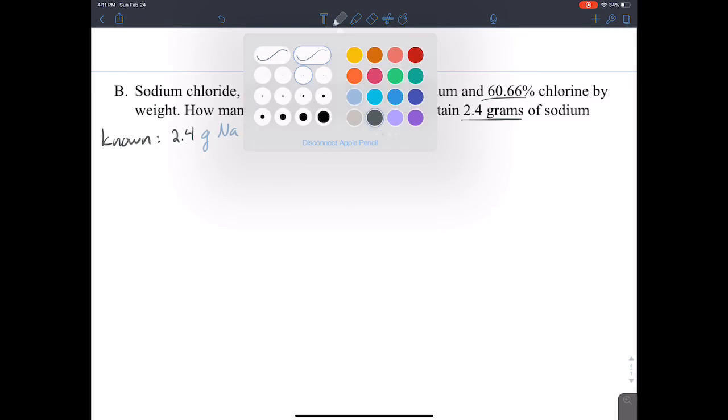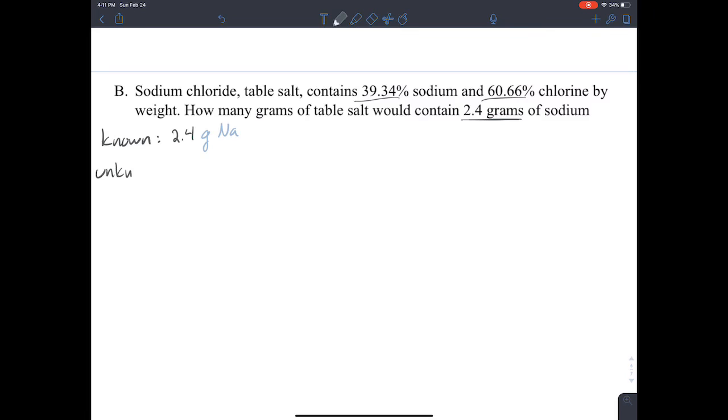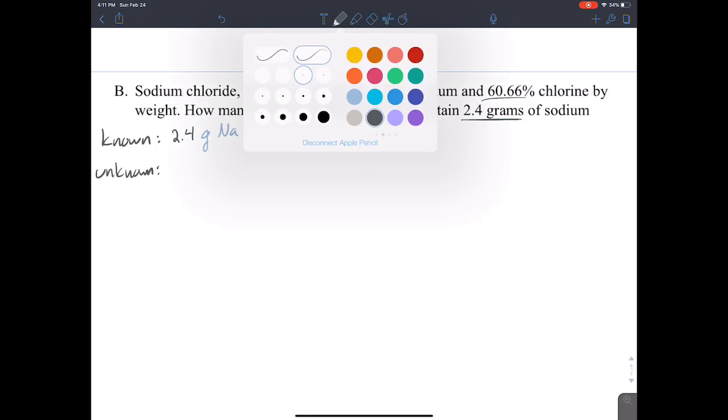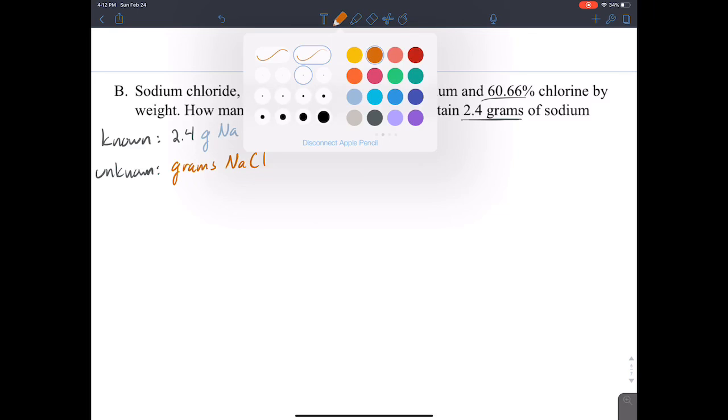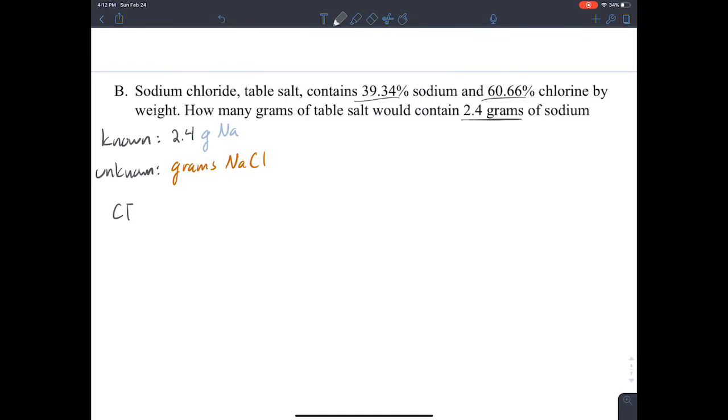Okay. Our unknown is grams of sodium chloride, table salt. Now our conversion factor. This is tough. I understand that this is tough.